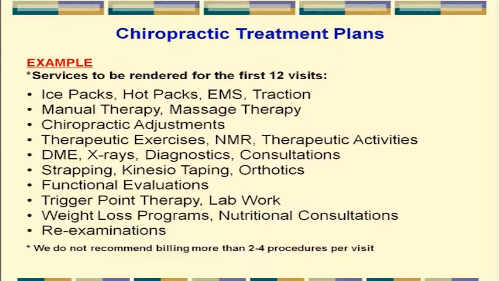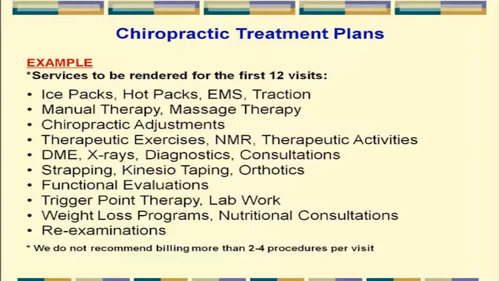Start thinking of things that you can do to add to your practice if you think that you want to. Also, when it comes to some of these therapeutic procedure codes like therapeutic exercises, neuromuscular reeducation, therapeutic activities, these are time-based codes. Check all the carriers that you bill to make sure you are complying with their rules and guidelines on the time-based codes.